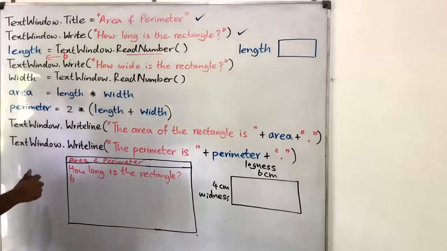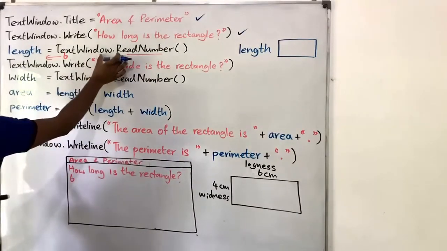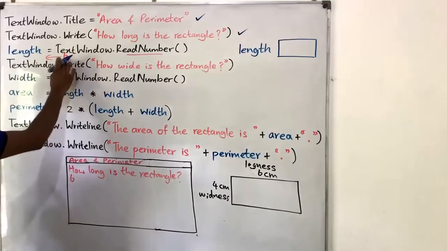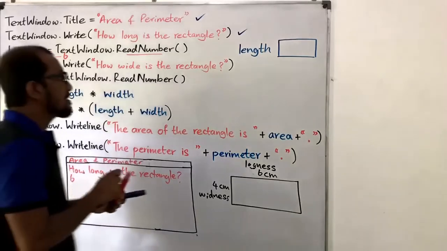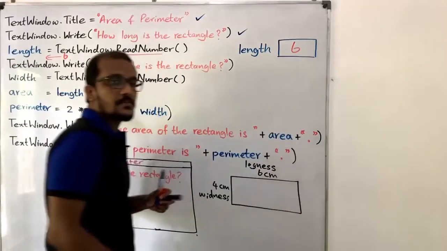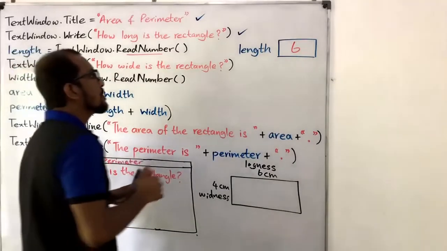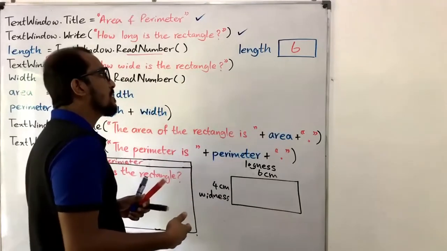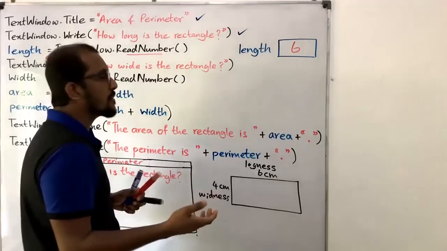So after identifying the value from the text window, that value 6 will be stored in that memory space. To understand it easily, we call this memory space a bucket.